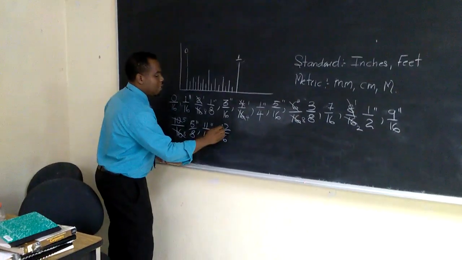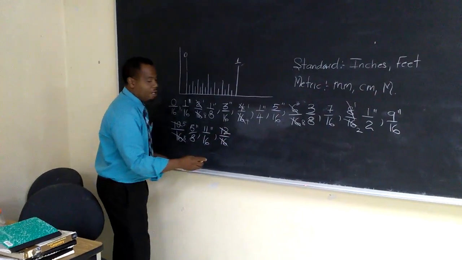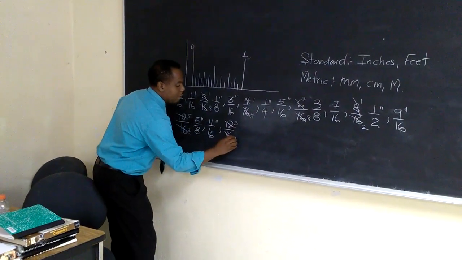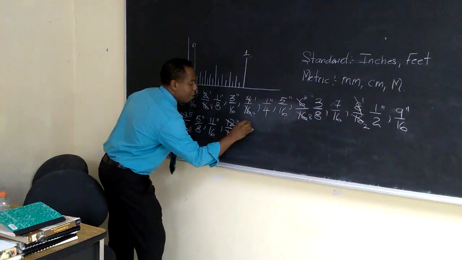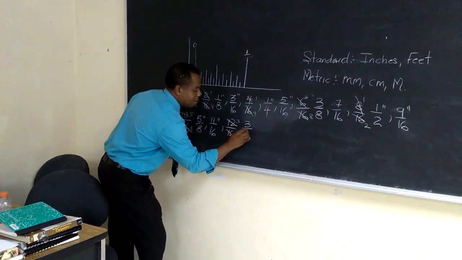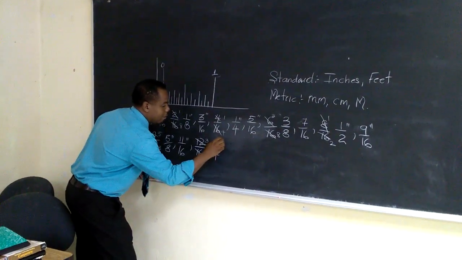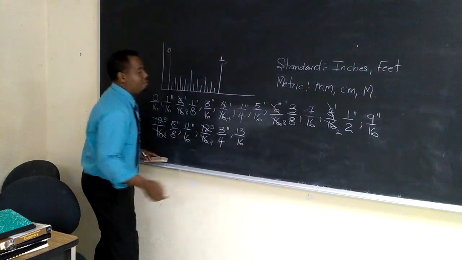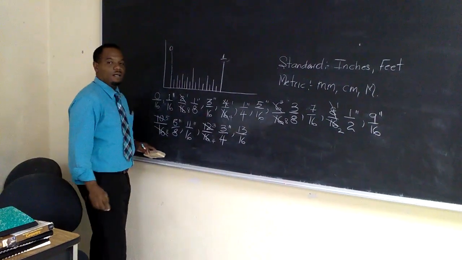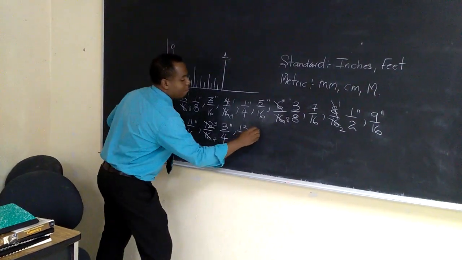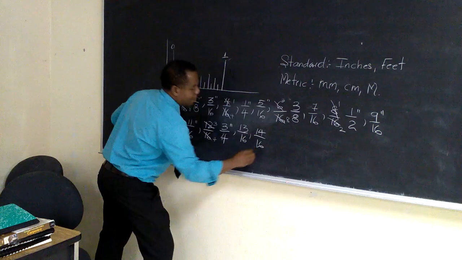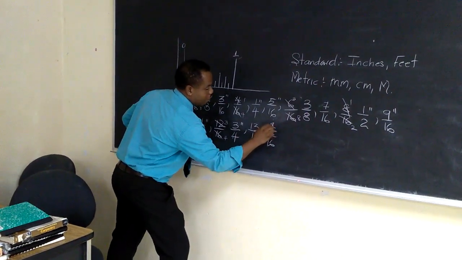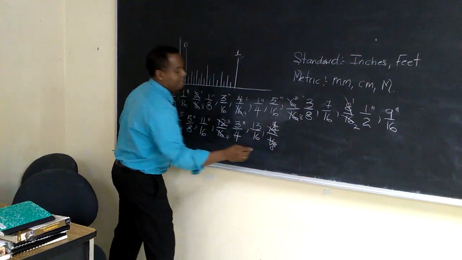We get to 12. 12 can be broken down. And so a common divider here is 4. And so 4 goes into 12 3 times. It will go into 16 4 times. So 12/16 is the same as 3/4 of an inch. 13, that remains because it's a short one there. 14 is divided by 2 to give you 7 and 8 there.